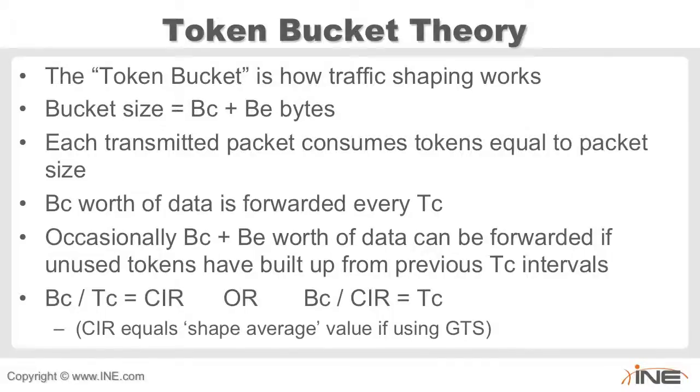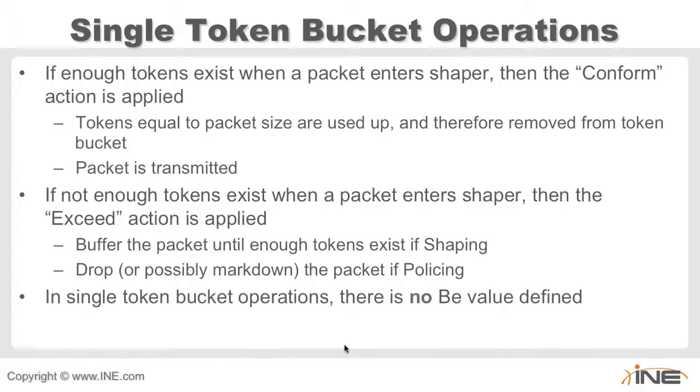If there are not enough tokens, then the exceed action applies. I said shaper, I should have said policer. If we're dealing with a shaper, we're going to buffer until enough tokens exist. If we're dealing with a policer, a drop or possibly a markdown action is going to exist.